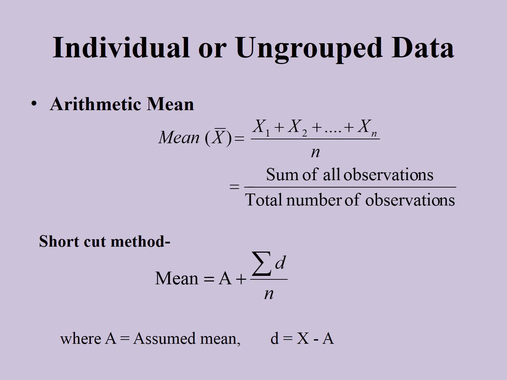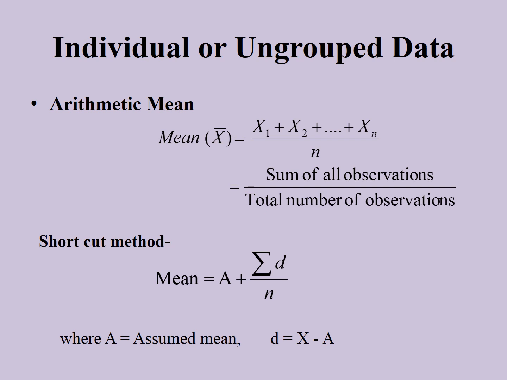After finding that difference, you have to sum the differences and divide by n. That n in your case is 200. After that, you have to add that summation of d divided by n to a to find out the mean, and this is called the shortcut method.